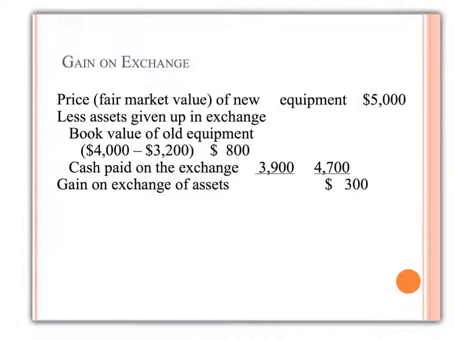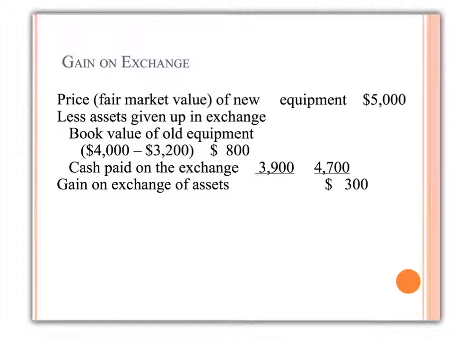Let's take a look mathematically at what we're going to be doing. Our gain on exchange, we have the price of the new equipment at its fair market value, $5,000. What are we giving up? Well, we have book value of old equipment. That's the cost, $4,000 minus accumulated depreciation of $3,200 for $800 book value. The cash we're paying is $3,900.